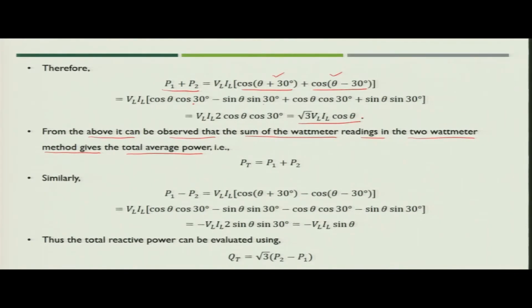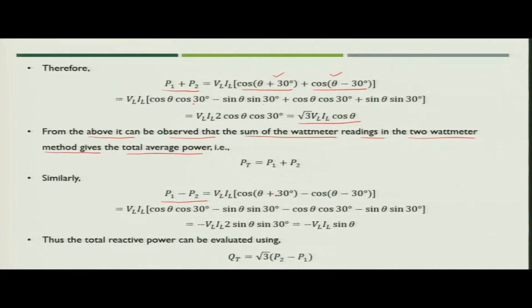So, this is what we get from the algebraic sum of the 2 wattmeters. This justifies that the sum of the 2 wattmeters gives us the total real power consumed by the 3 phase load.